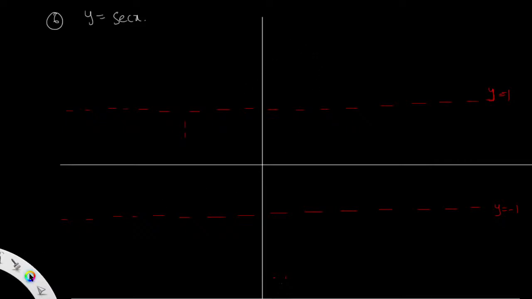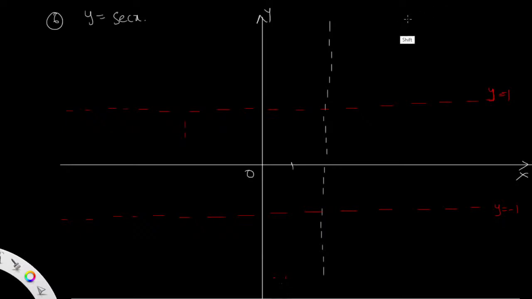Some values on the x-axis, this is the x-axis, this is the y-axis. So this is pi by 2, some values you can take. Secant pi by 2 is obviously undefined, so draw the imaginary lines.